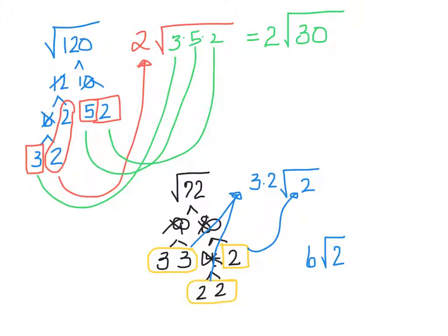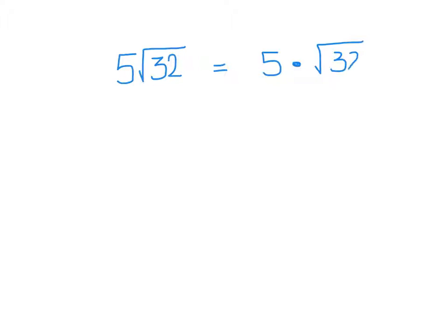Now I want to take it one step further and look at what happens if I have a constant on the outside. So if I have 5 square roots of, we'll do 32. Remember, this really means 5 times the square root of 32.